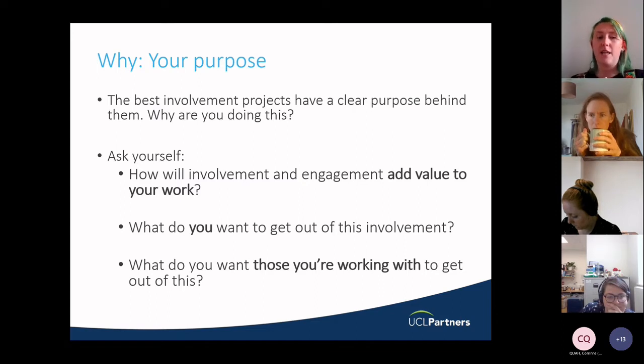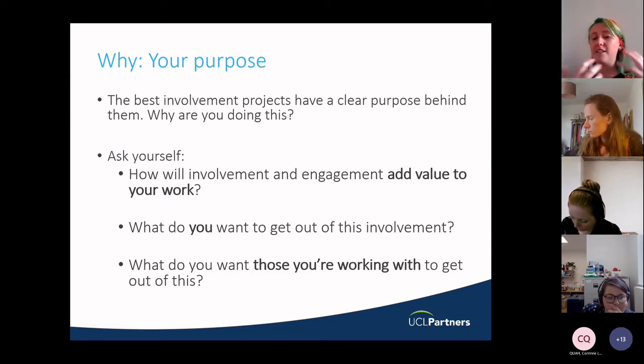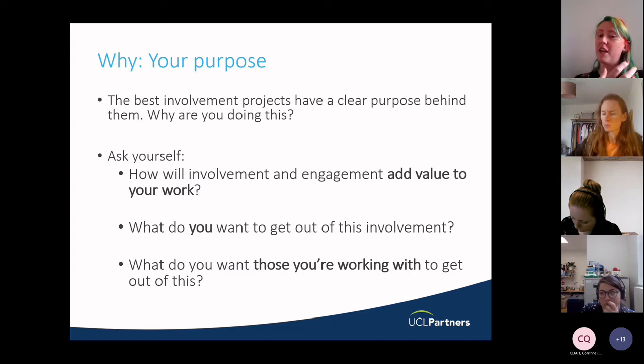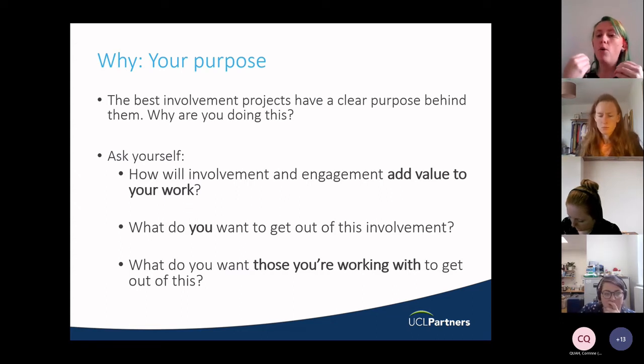Also, the third thing to think about is what you want your contributors to take away from this experience and this project. As I said, this is all about dialogue, sharing and reciprocal relationships, so you want there to be a mutual benefit. It's not all about taking things away from your contributors and then disappearing into the ether so they never get anything out of it.